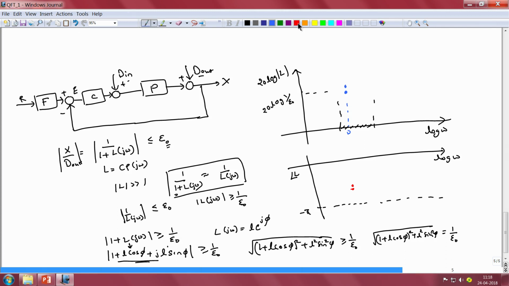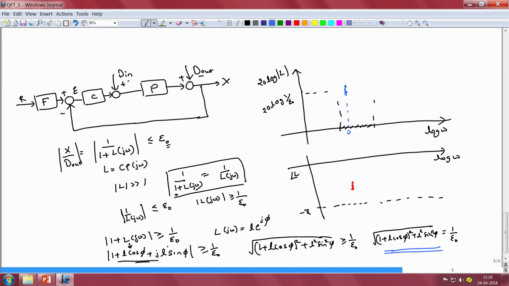Now, for different possible values of phase, which I indicate by different circular dots, there exist different magnitudes for which the equation that I have indicated here, and I am now underlining with the blue marker, is going to be met.